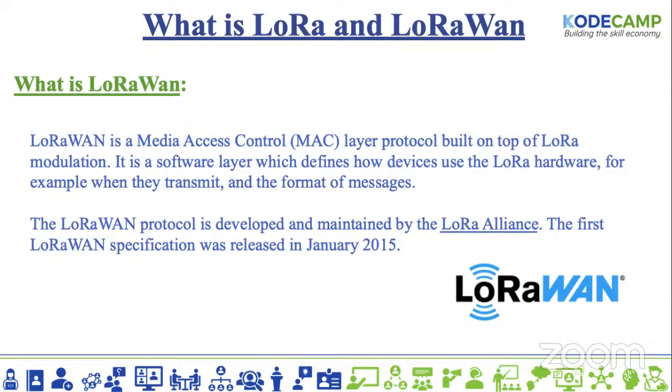Now, remember when I said that it has a very long range. It has an operating range of up to 13, 15 kilometers, depending on how it works. Because it is of low power, the battery tends to last very, very long.